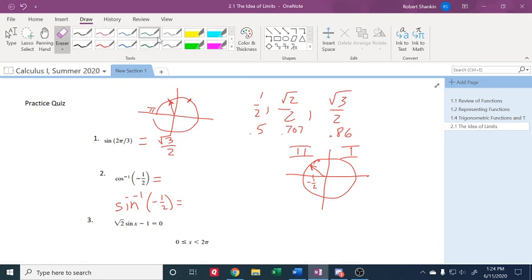Oh, you know what, my -1/2, I put it too far over. I should have been more like over here. So then it should have been up here, because it's more like this. So this is going to be 2 pi over 3.